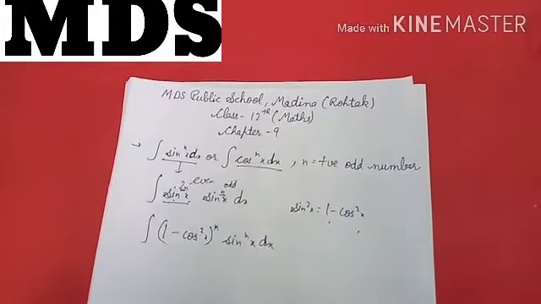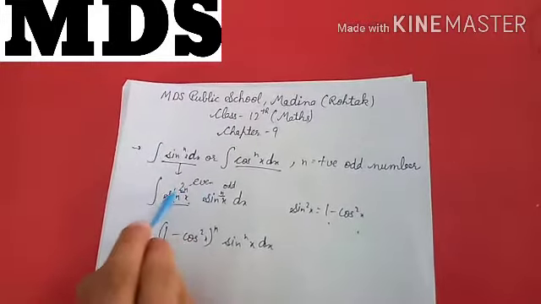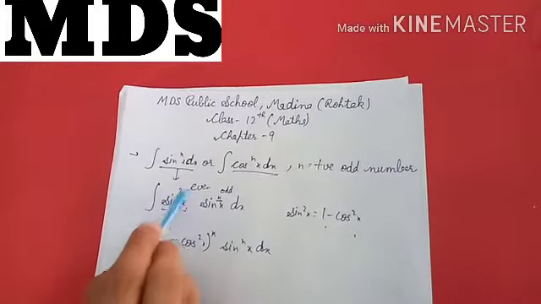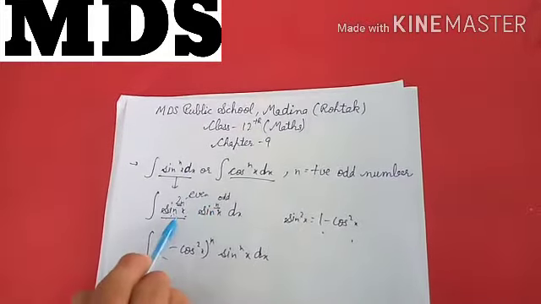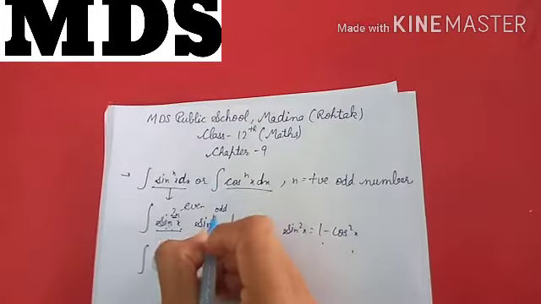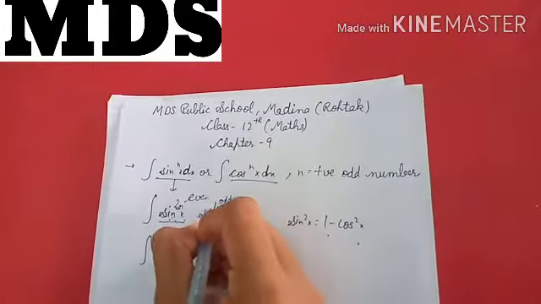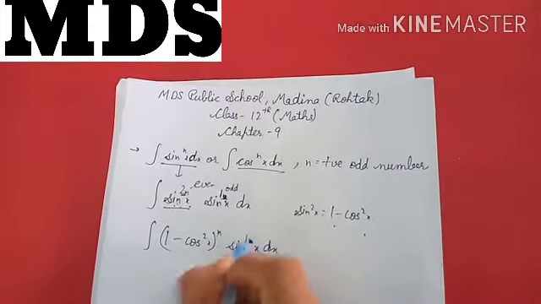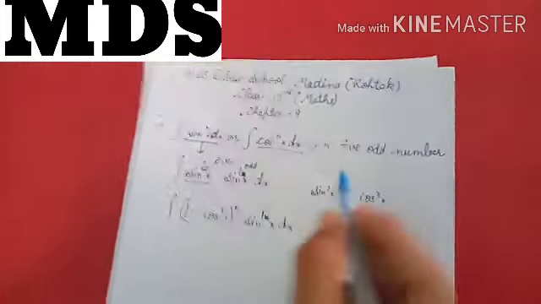Okay, and we know that if we split this into two forms, at one place we get even and at one place we get odd, here we will always get 1. Okay, you can take any power of this.